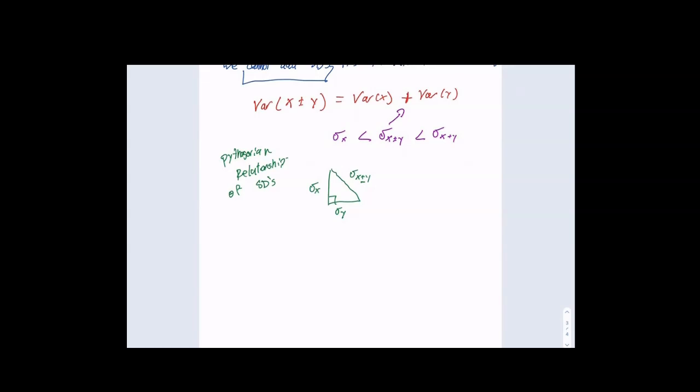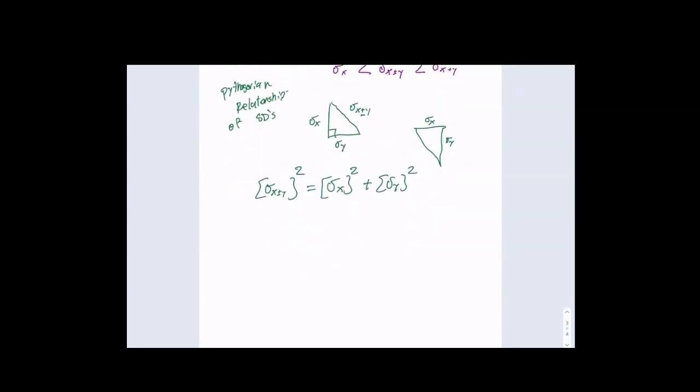I could draw the triangle, for example, like this. The standard deviation of x plus or minus y, squared, is equal to the standard deviation of x squared plus the standard deviation of y squared.